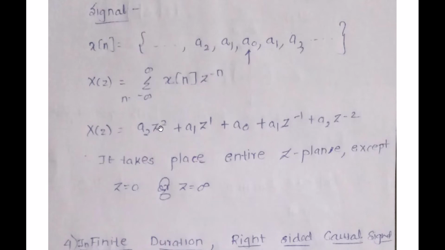Hence you have a2 z raised to 2, a1 z raised to 1, a0. Again you have a1 z raised to minus 1, a2 z raised to minus 2, because this is the 0th value, this is minus 1, minus 2, this is 1 and 2. In such a way you will get the entire equation.